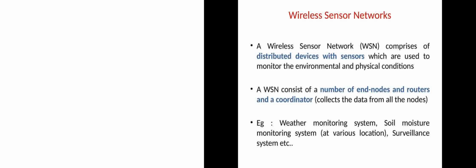It has a number of end nodes and routers and a coordinator. Examples where wireless sensor networks are used are weather monitoring systems, soil moisture monitoring systems at various locations, and surveillance systems. Okay?